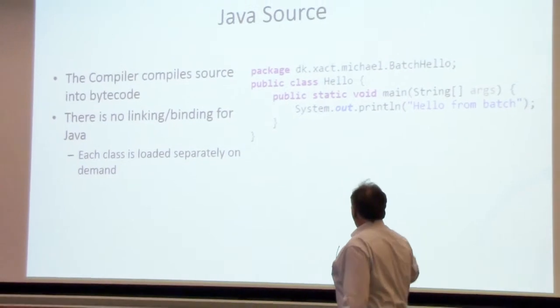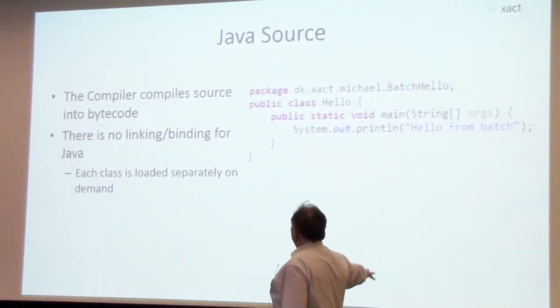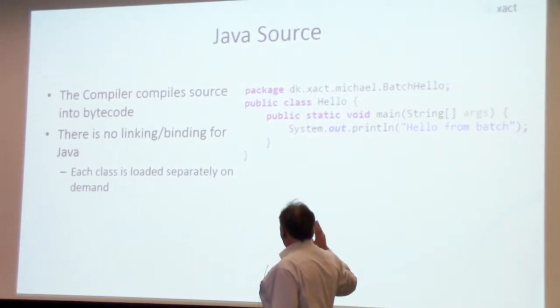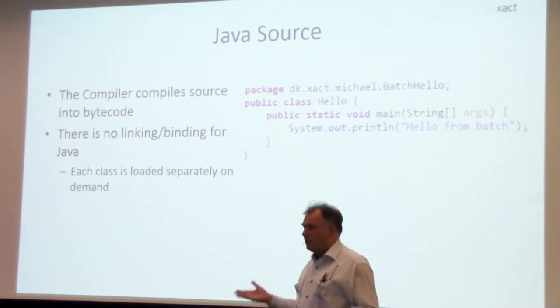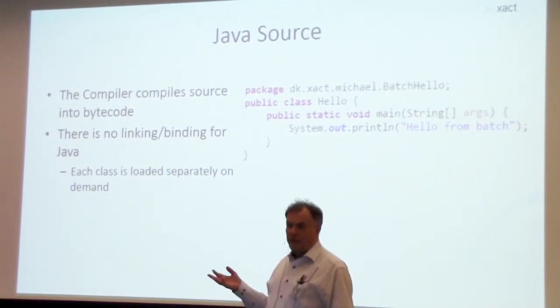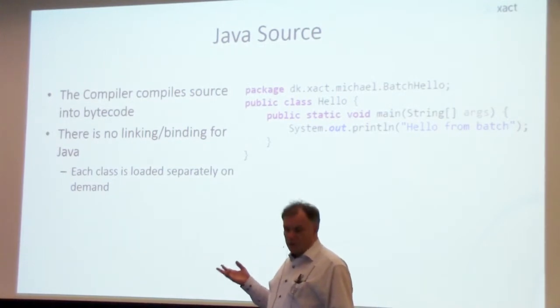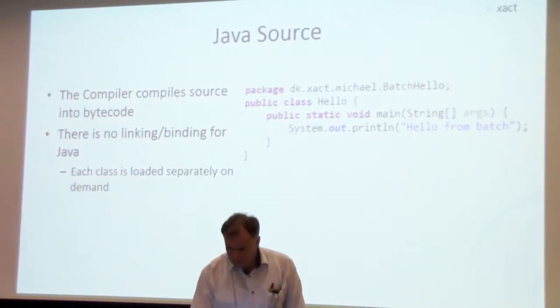Java. What we have is a Java source. This is a much similar Java source. And Java is really not a compiled but, more or less, an interpreted language. So what happens is you compile your source into bytecode. There's no linking, there's no binding, and at runtime each class is loaded separately.